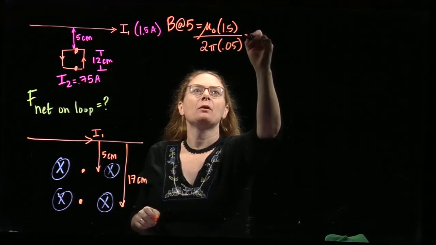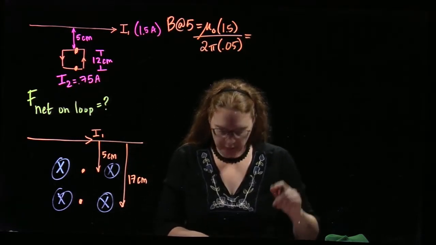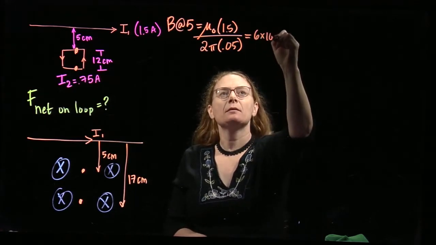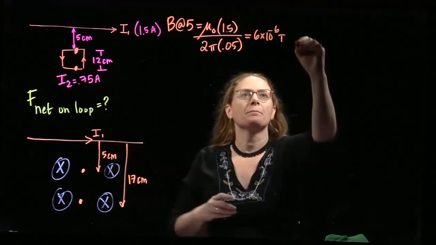All right, so what do we have there? At 5 centimeters, I get 6 times 10 to the minus 6 Tesla, and the direction is into the page.